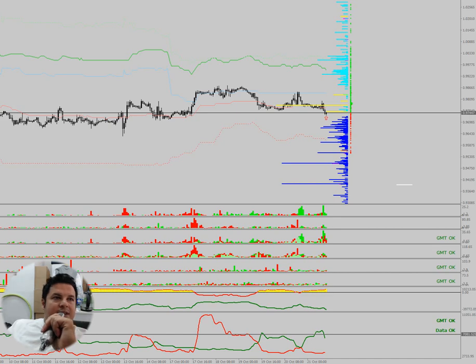Yes? Now the two histograms below show you the same thing, just with a different feed. So that's a bit like a double check also for us. Remember, the GMT, okay, on the right side shows you that there's no delay. If there's a few seconds of delay in the data, that green GMT okay will turn into a red number showing you the delay in seconds.